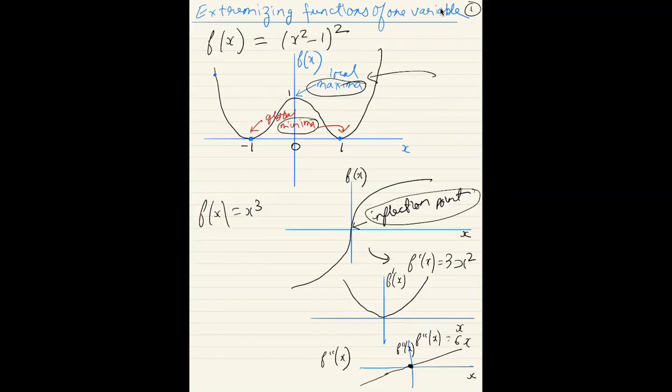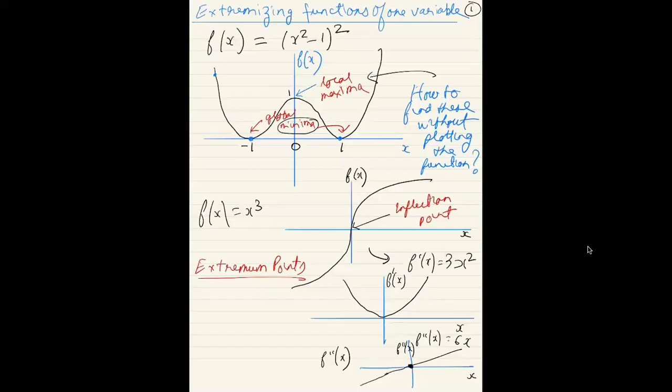How do we find these without plotting the whole function? Is there a way to do this? And together, these three types of points, minima, maxima, and inflection point, are called extrema points. Together, they are called points of extrema.